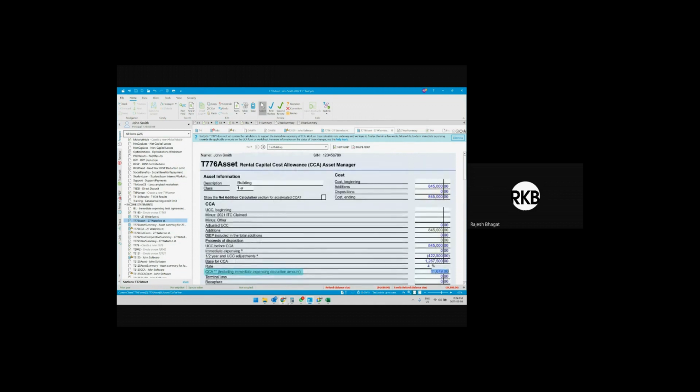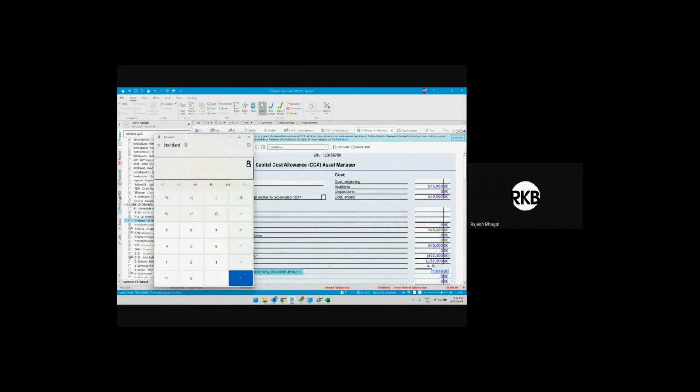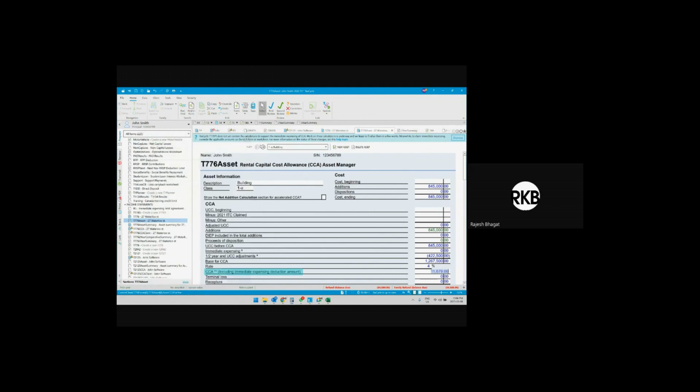Let's look at it: 845,000 times 0.04 comes to 33,800, divided by 2, so it should be 16,900.